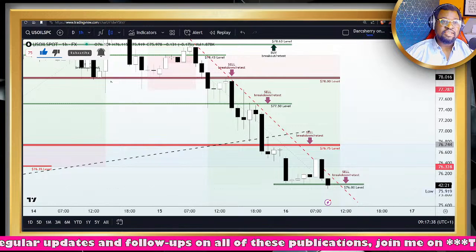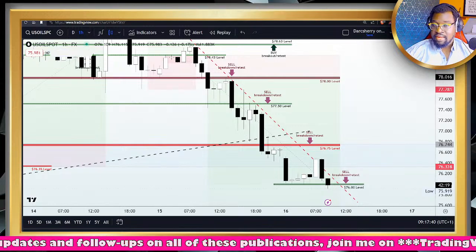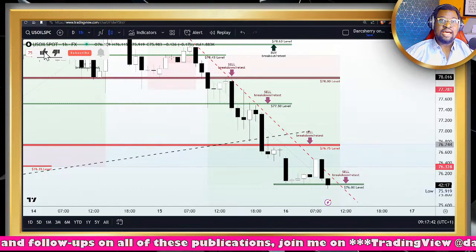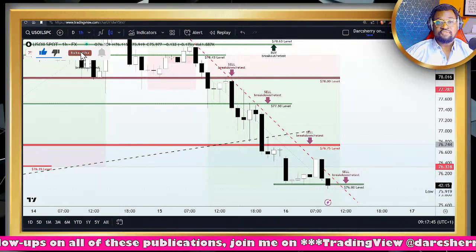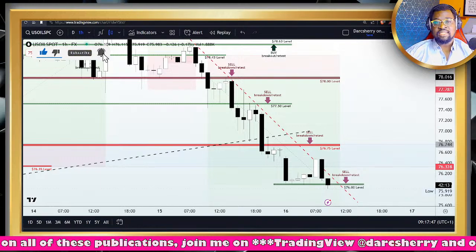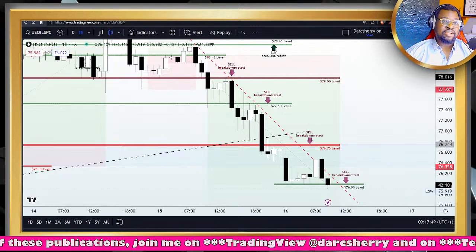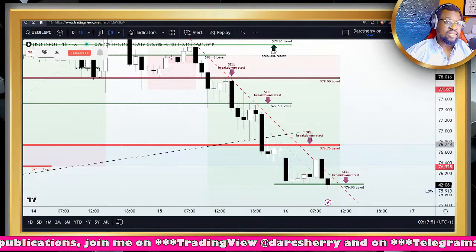However, there are some interesting developments going on in the market lately, as you would have noticed that in the last 24 hours, we're beginning to notice the reemergence of buy pressure in favor of the US dollar.